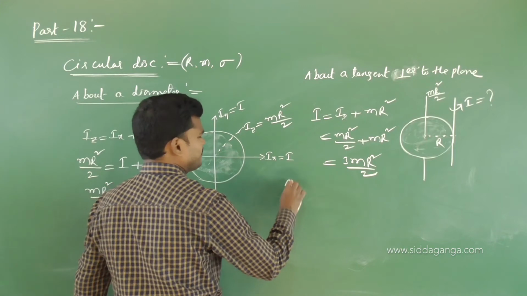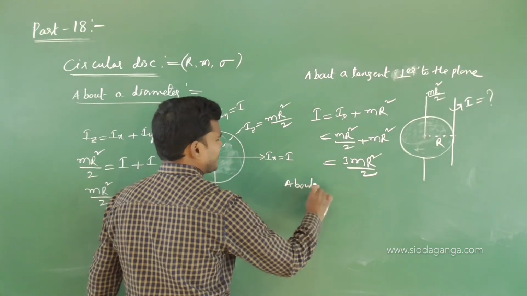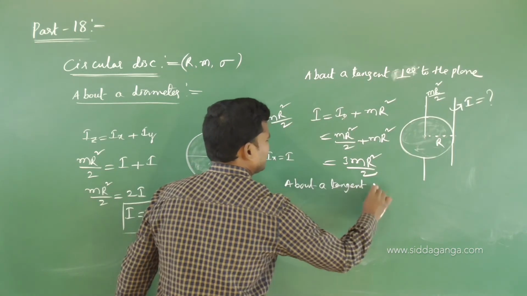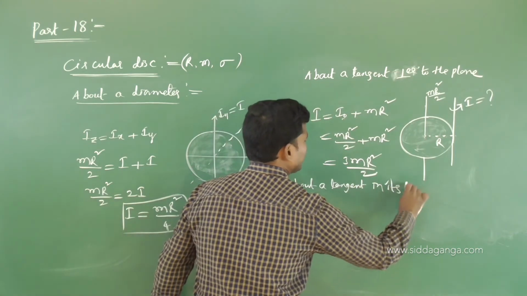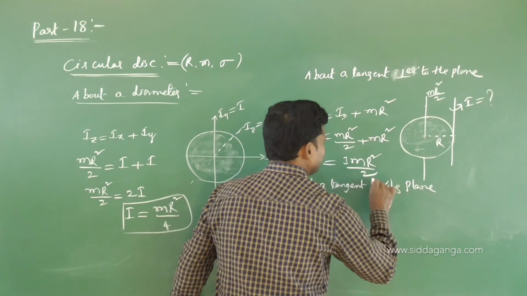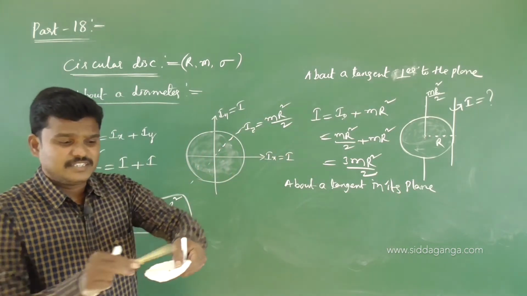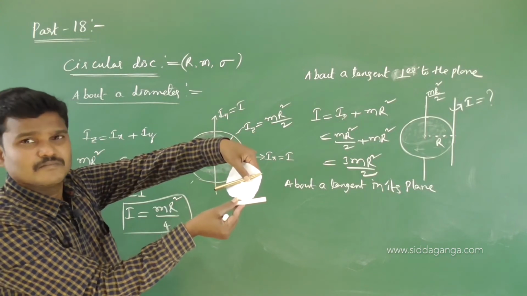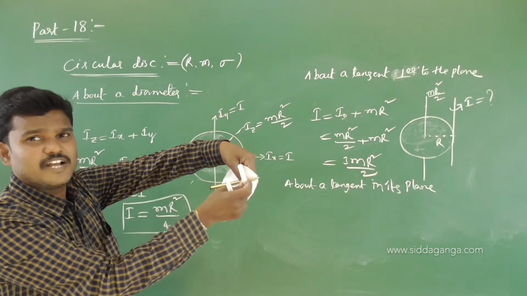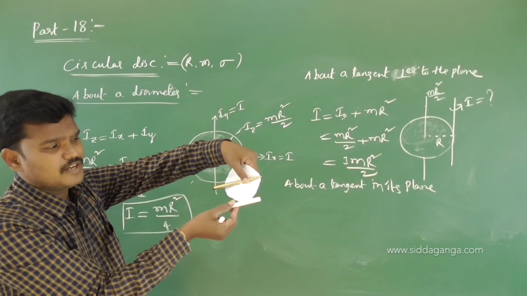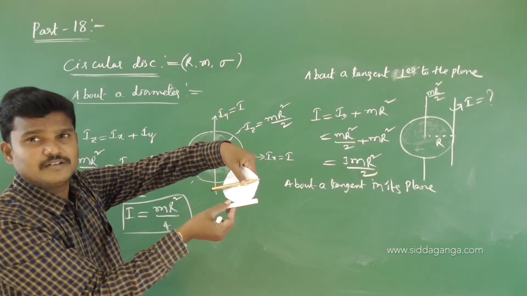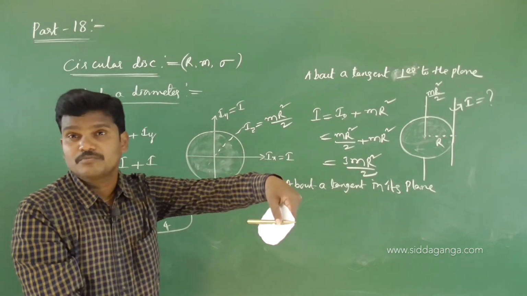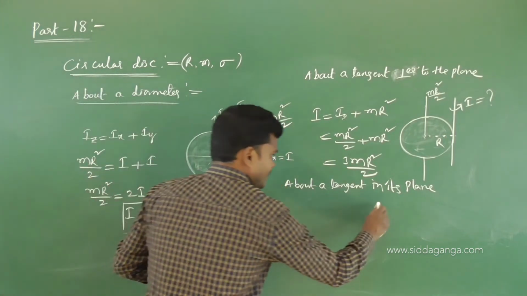In the same way, about a tangent in its plane. See, the words are important: in its plane. See, this is the plane, about this. This is nothing but the diameter formula, mr square by 4, and about this chalk piece we need to find.